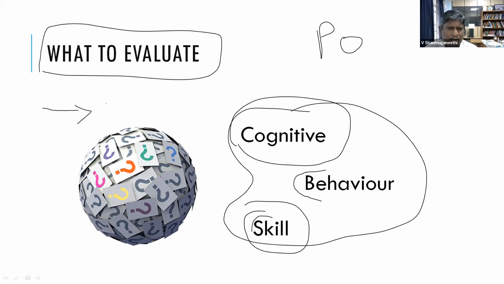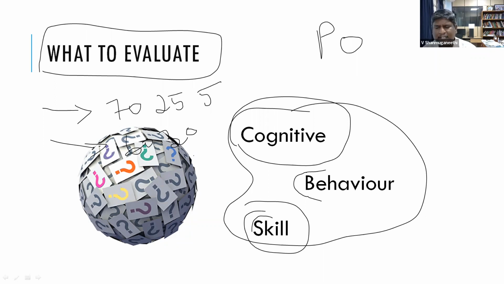Maybe at one PO, 70% cognitive, 25% affective, 5% skill. In another PO, 60% skill, 30% cognitive. The skill is empowered by the cognitive.